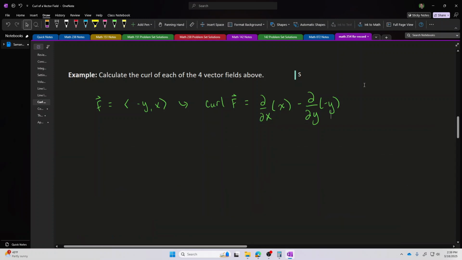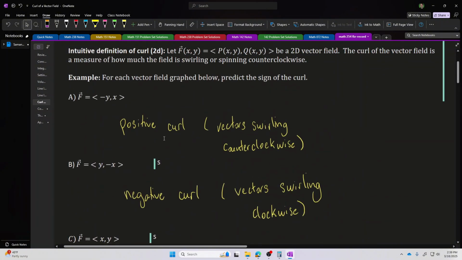Calculating these two partials, I would get 1 minus negative 1. I would get positive 2. And that is the positive curl that we expected to achieve based on the picture.